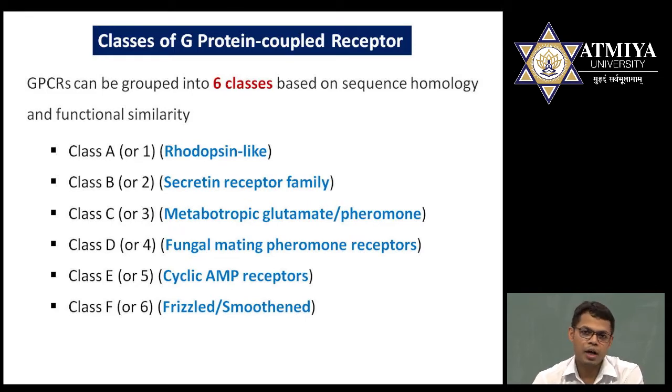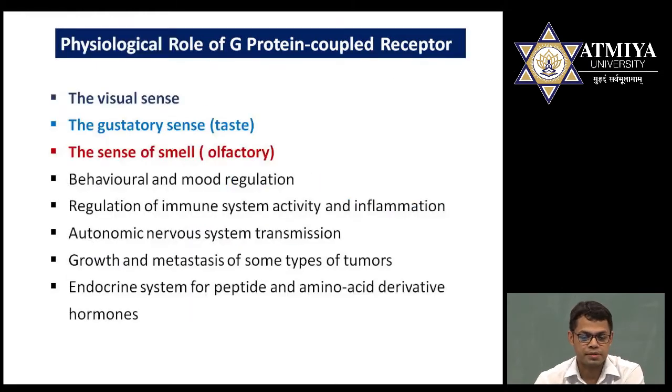Among the 6 different types of receptor, the most common and well known are cyclic AMP receptors. These 6 classes can be studied as class 1, 2, 3, 4, 5, 6, or somewhere as class A, B, C, D, E, and F. Two receptors are very common among these 6. One is cyclic AMP and second is the rhodopsin type of receptor. Today we are going to study the transduction pathway related to these 2 different types of receptors.